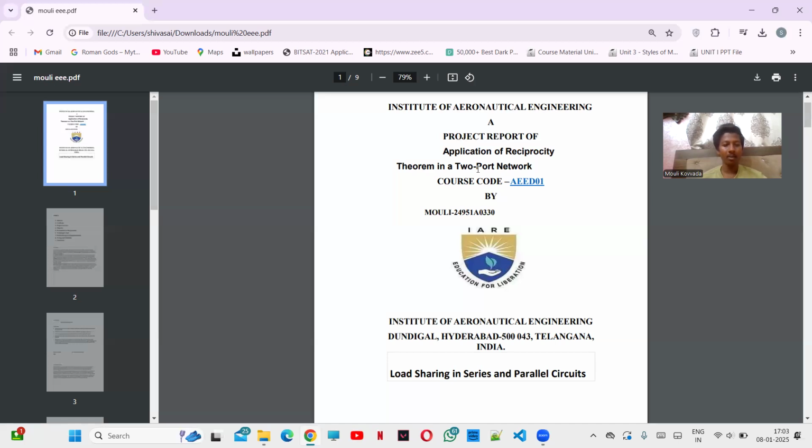Therefore, parallel circuits are more reliable and widely used in household electrical wiring systems. For instance, if one light bulb in a parallel circuit burns out, the other light bulbs continue to function without interruption.